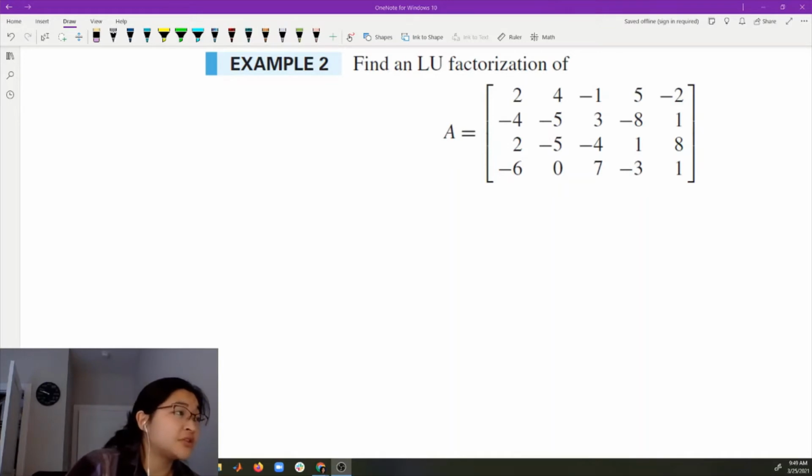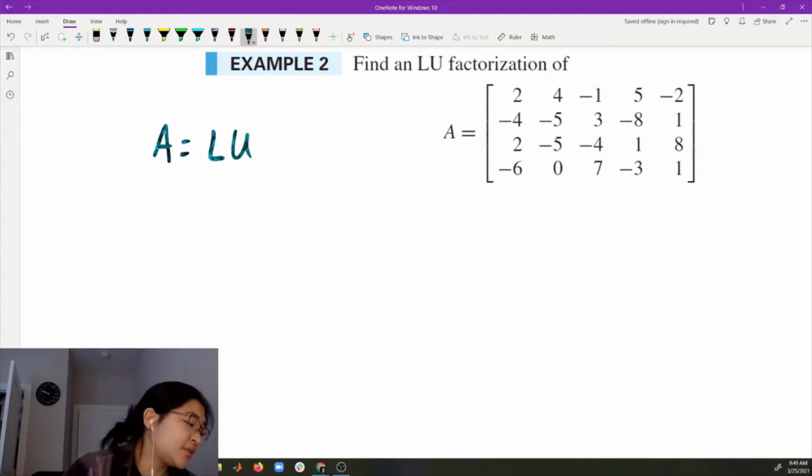So in general, we know that A has got to be L times U. And how do we get this?